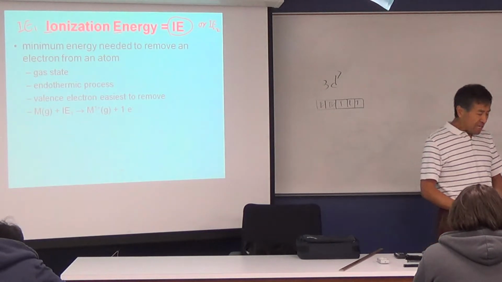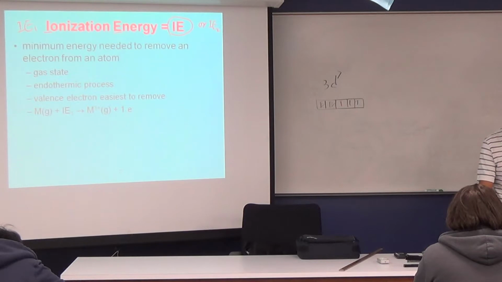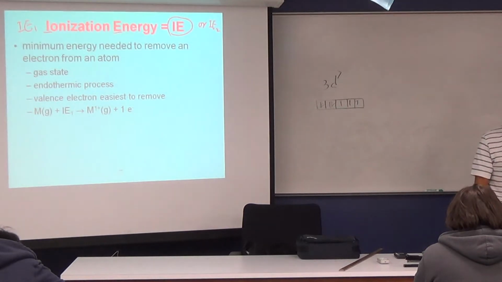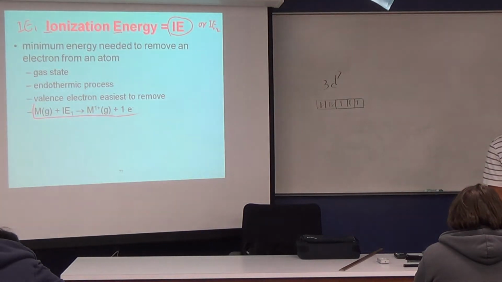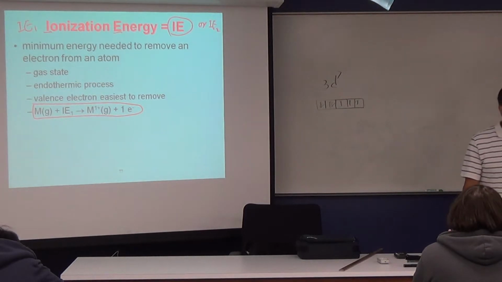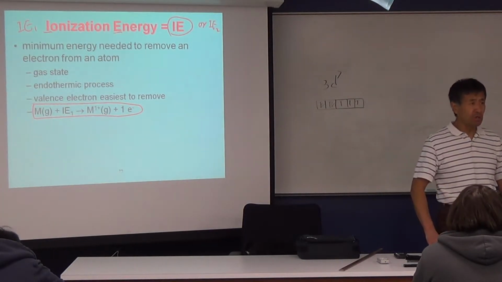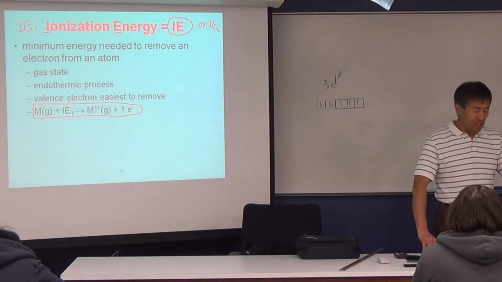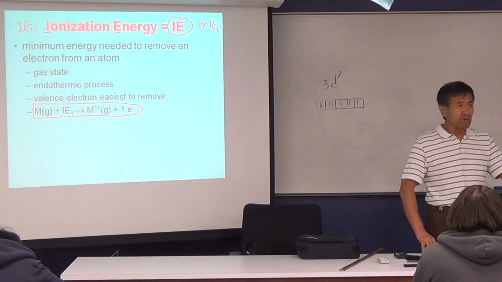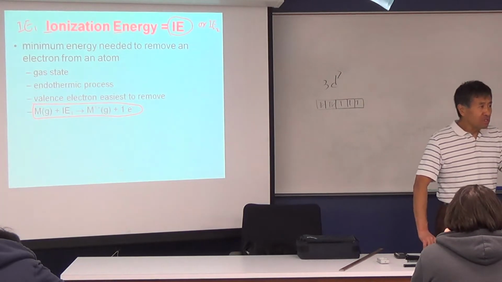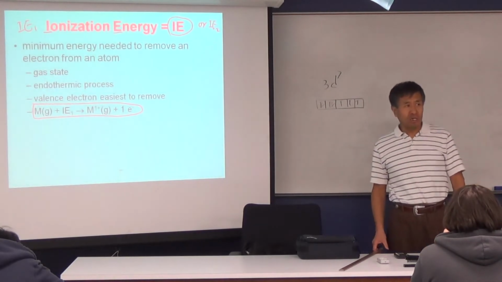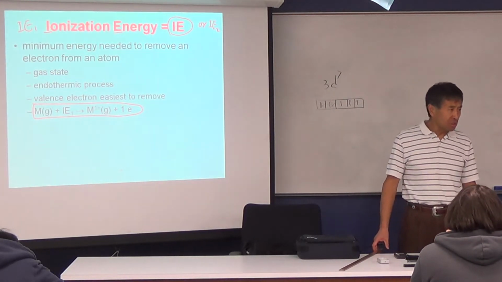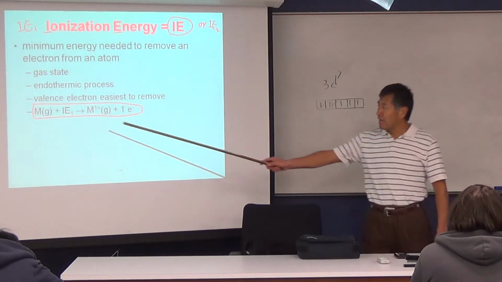So the general chemical reaction equation is given by this. And this M is not a really element, it's a hypothetical, a generic name. So let's say Mg, which means atom in gas state, plus I1.